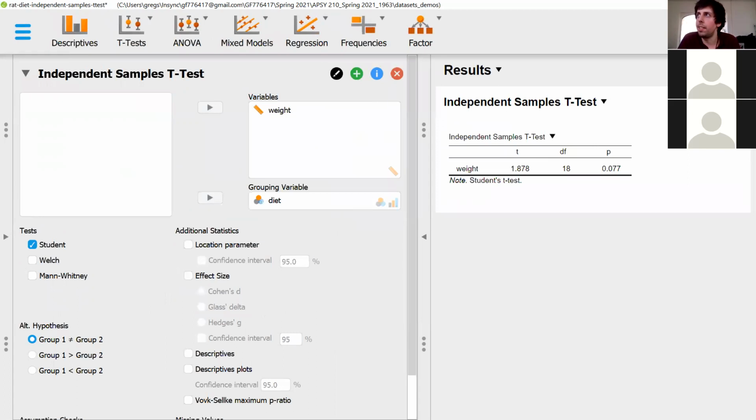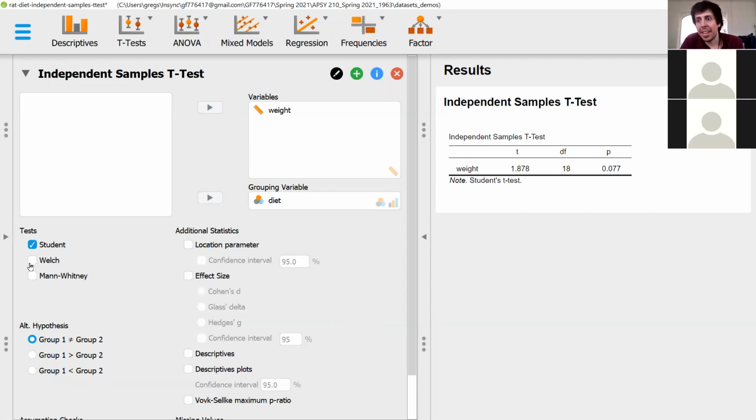So let's look at this little table up here, which is the results of our independent samples t-test. We have a t-value of 1.878, which should look fairly familiar because this was the t-statistic we computed for the problem itself. However, when we computed it, it was actually minus 1.88.